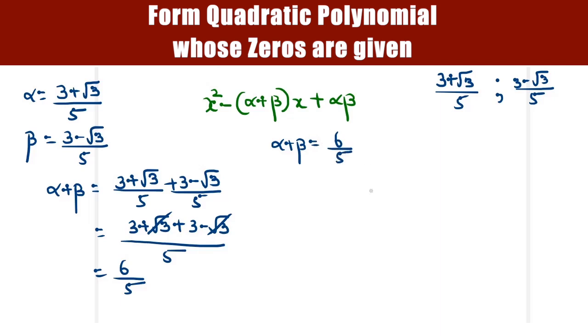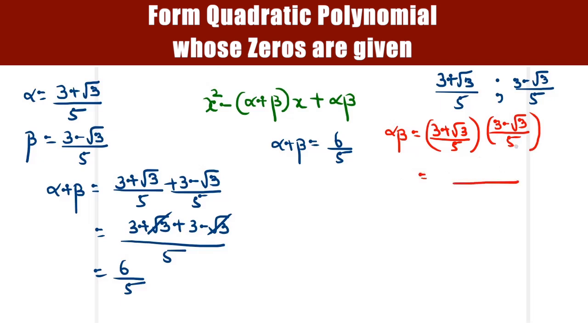Now let's calculate alpha beta. The alpha beta is (3 plus root 3) by 5 into (3 minus root 3) divided by 5. Now I'm going to multiply the denominators first. So 5 fives are 25. I'm retaining the numerator as such, which is (3 plus root 3) into (3 minus root 3).